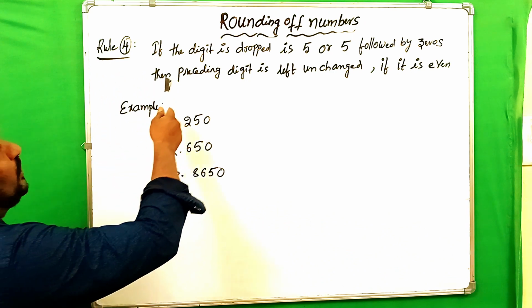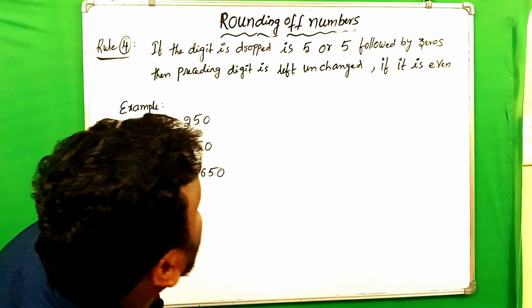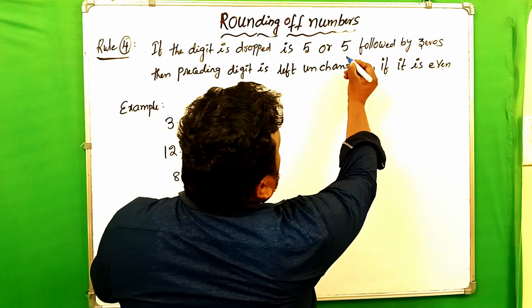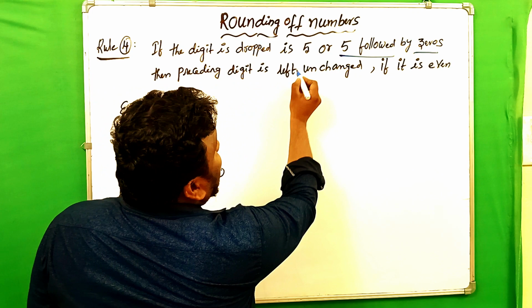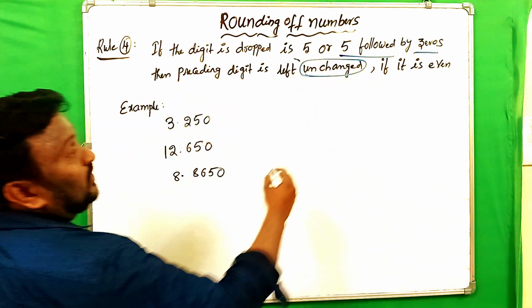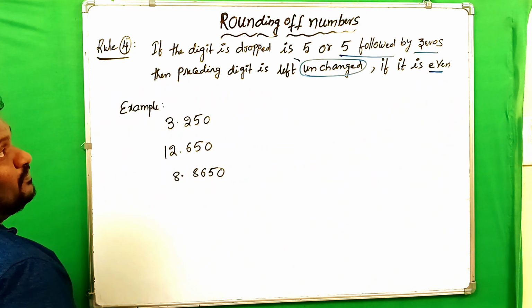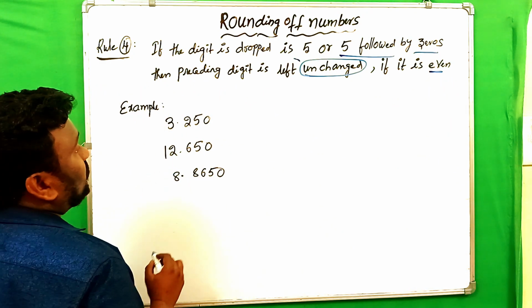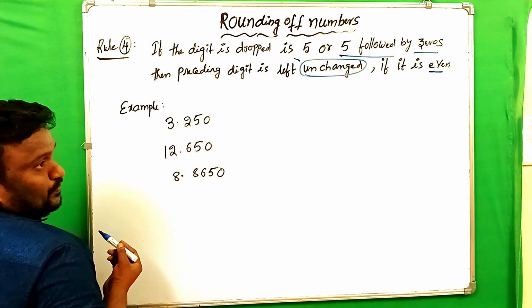Rule number 4: if the digit to be dropped is 5 or 5 followed by zeros, then the preceding digit is left unchanged, no change, when it is an even number. So look here, an example is given. 3.250.